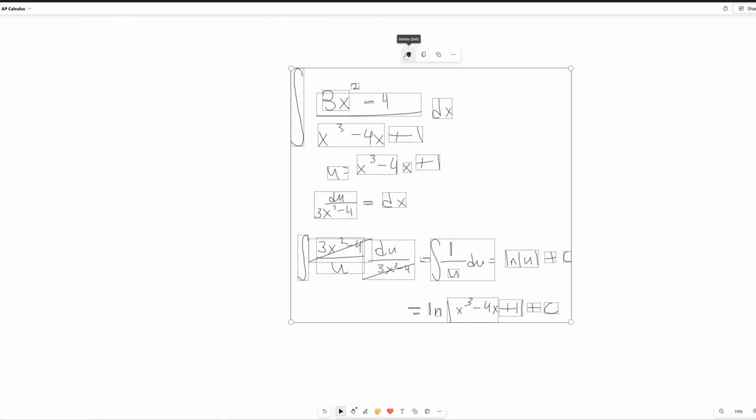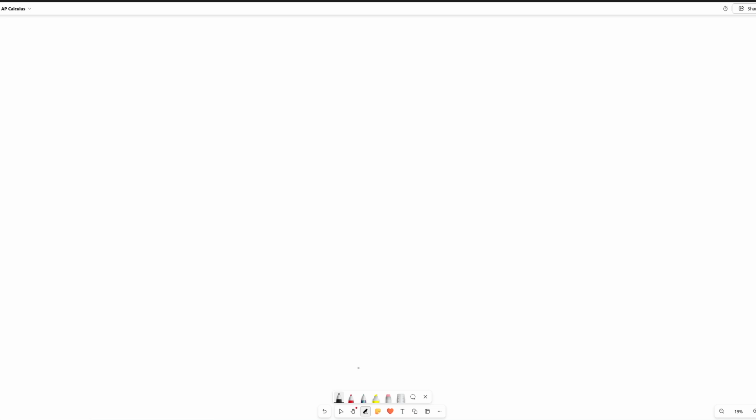Now, I have 2 more examples to show you. One of them is something like this. Now this, if we can use our deduction skills from the derivatives unit, the derivative of sine is cosine, so that means the integral of cosine is sine.